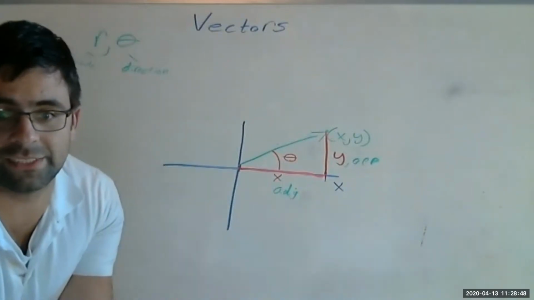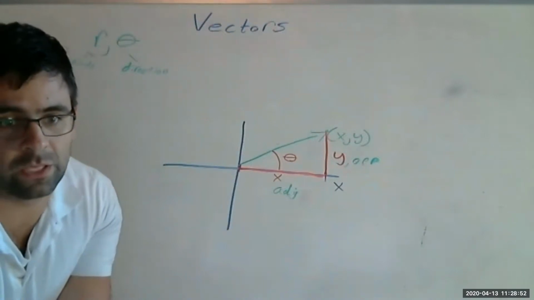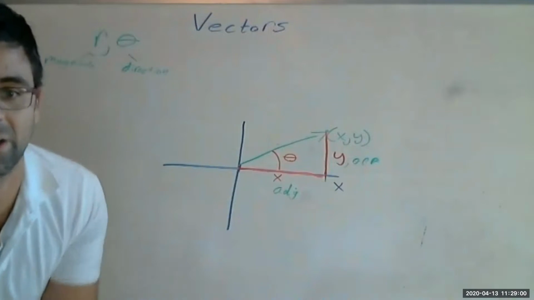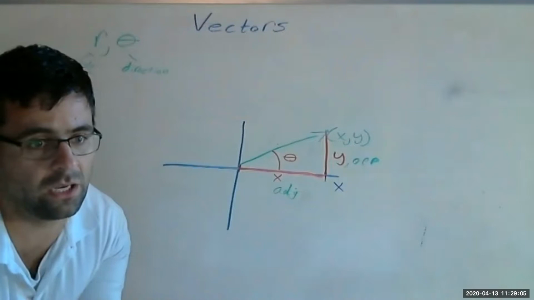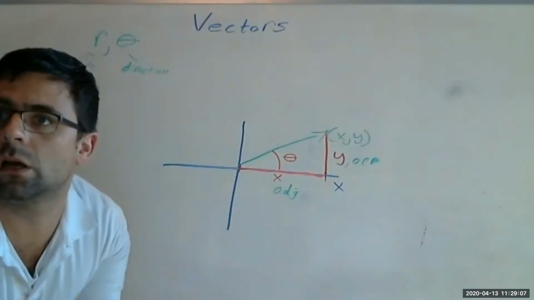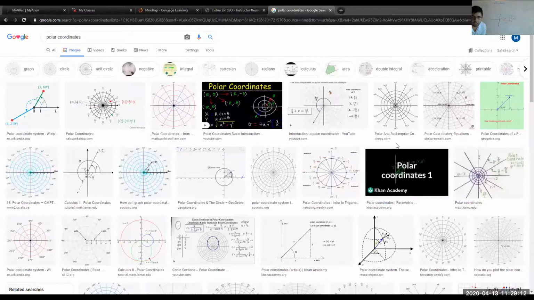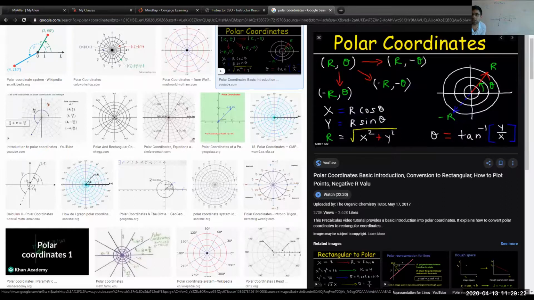Polar coordinates, instead of defining things in X and Y directions, define where something is depending on its angle and its distance from the center. So let's see. Let's look at this one. No, that's not one.